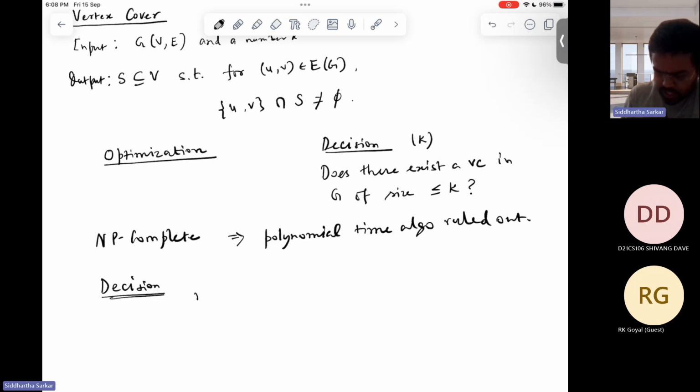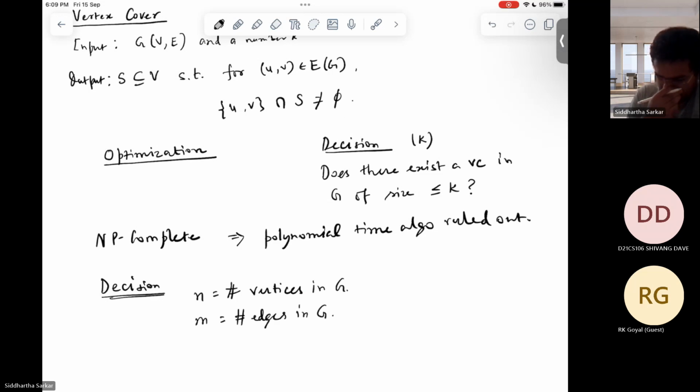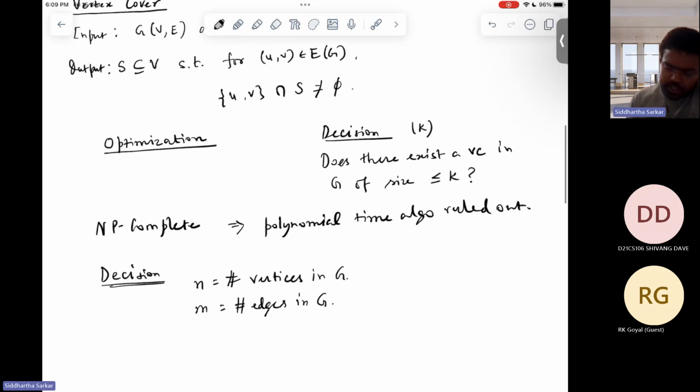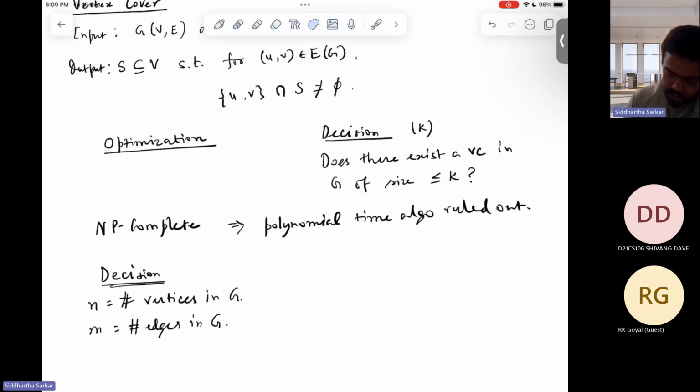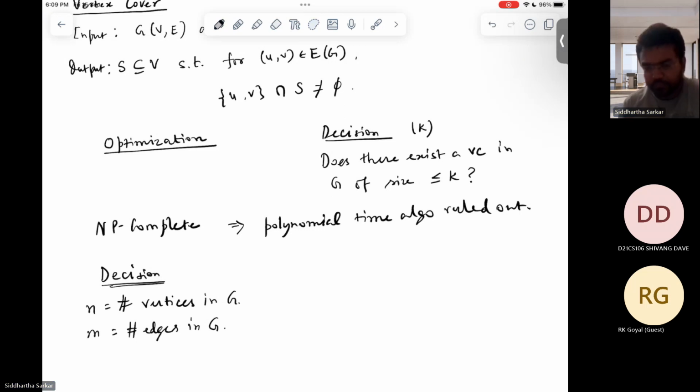Let us say that n is the number of vertices in the graph and m is the number of edges in the graph. So how much time will it take? First of all, what is a brute force algorithm to decide whether in G there exists a vertex cover of size at most k or not?